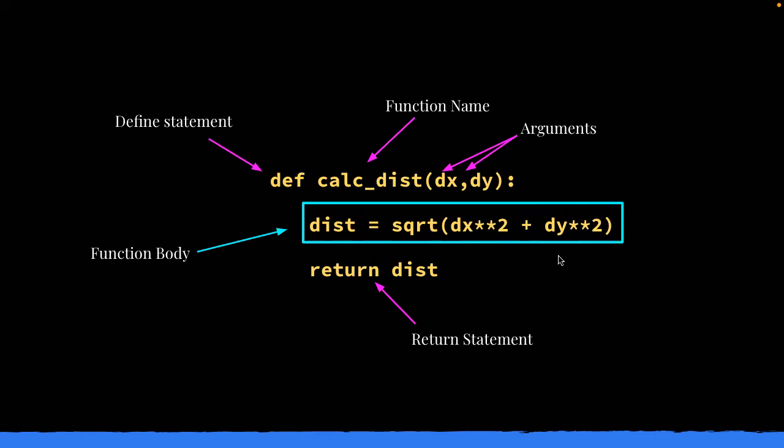Yes? Is dist a local variable because it's not called somewhere else? Because this is creating the variable dist, yes. It is local. Afterwards, if you tried to call dist outside of the function, it wouldn't show up. If I write print dist outside of the function, it won't output anything.